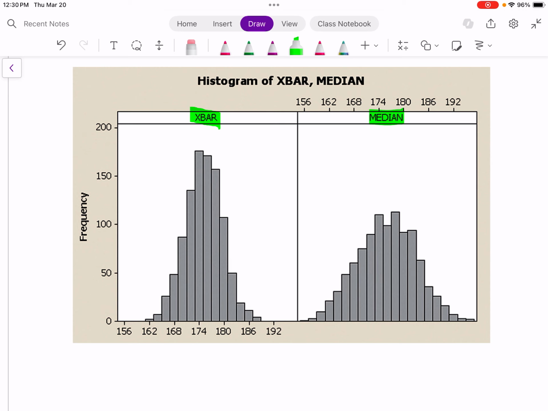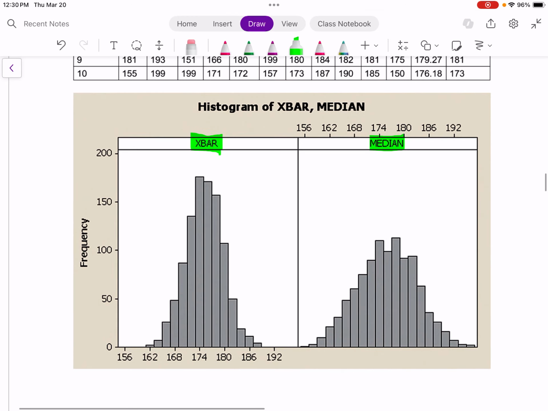Which one would be a good estimator for our parameter mu? X bar or median? It's going to be X bar, right? The sampling distribution for X bar is more centered towards our mu.